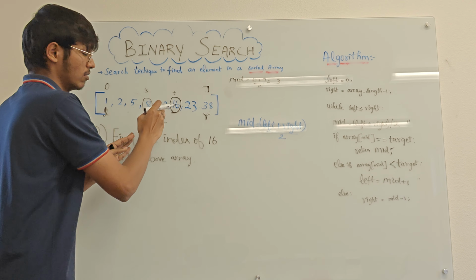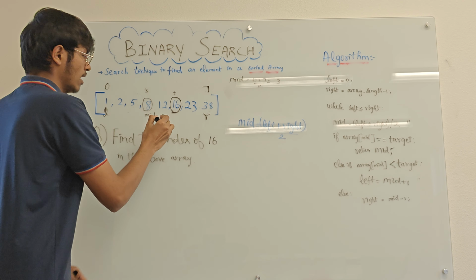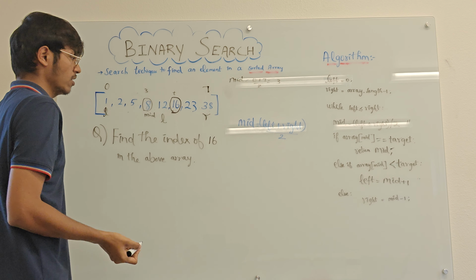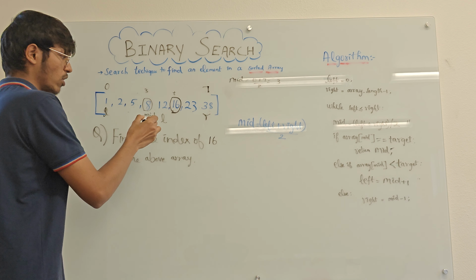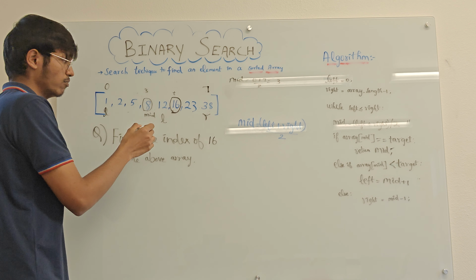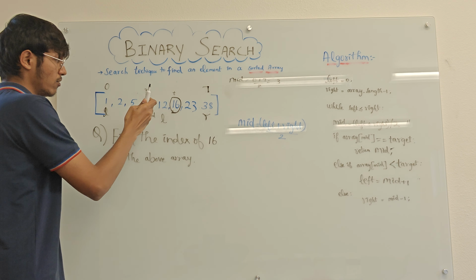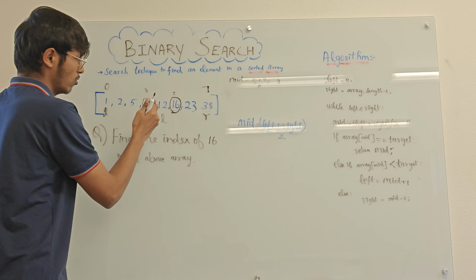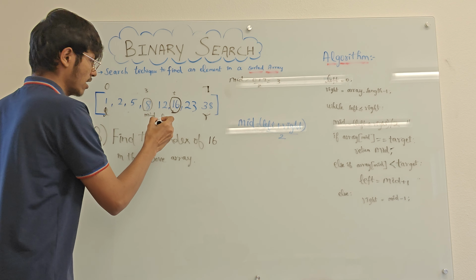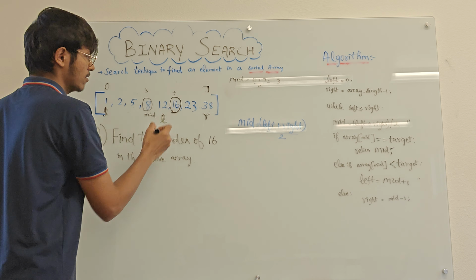That's why we increment left to the element after mid. We also don't move it to mid itself because we have already checked whether mid is the target, so we discard the mid index too. We move the left index to 12 here, which is at the 4th index.